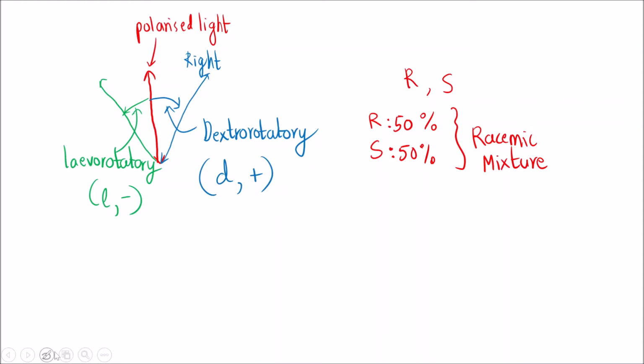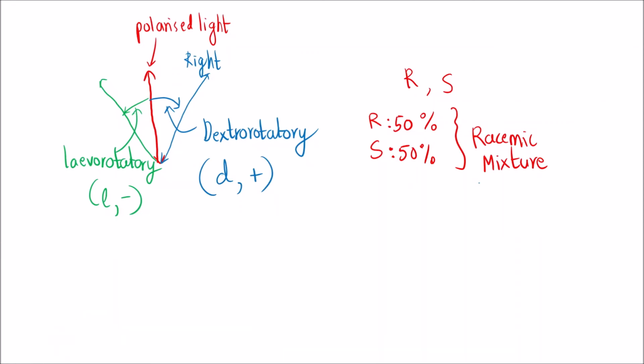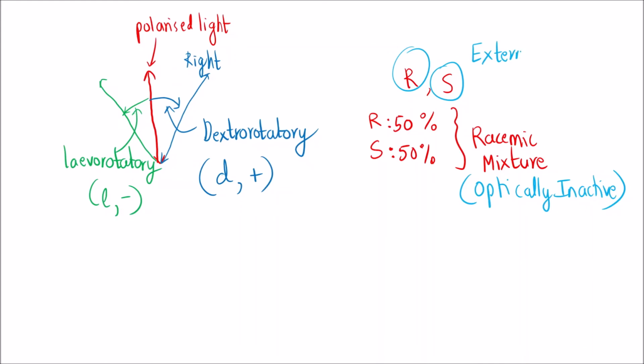And this racemic mixture will be optically inactive. Since it is a mixture of two different isomers, this concept is called external compensation.